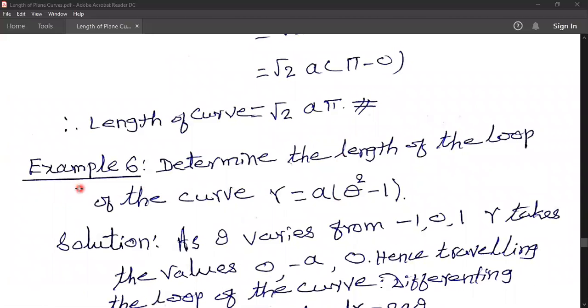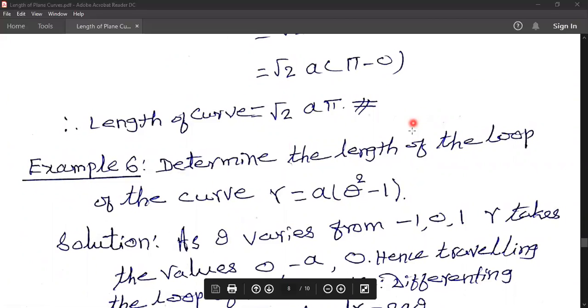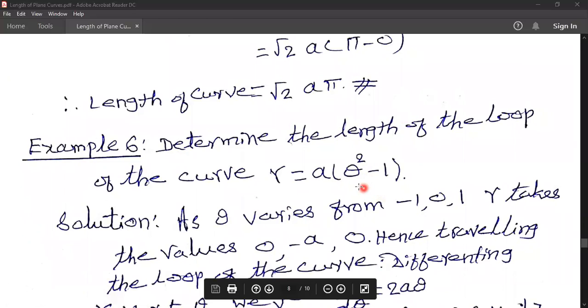Then the next problem is determine the length of the loop of the curve r is equal to a (theta square minus 1). Now here, as theta varies from minus 1, 0 and 1, when theta is minus 1, square is 1, then r is equal to 0. When theta is equal to 0, r is equal to minus a.